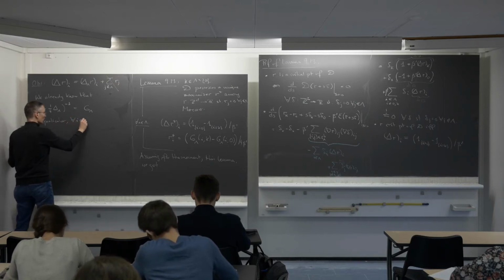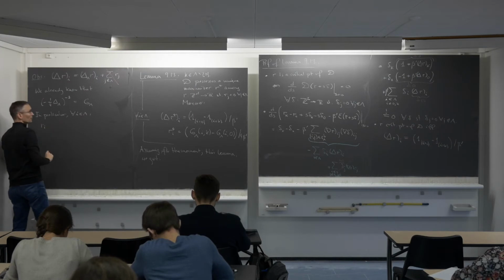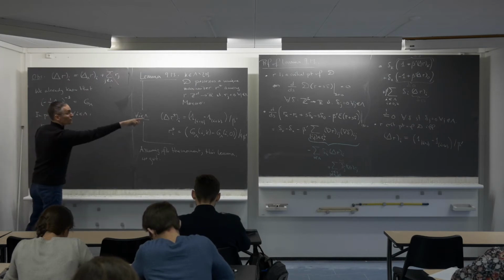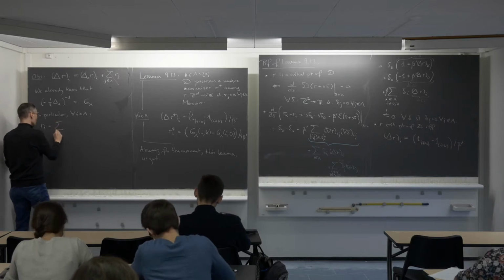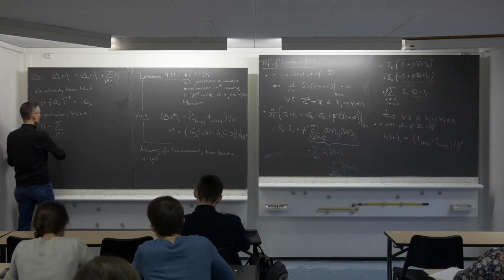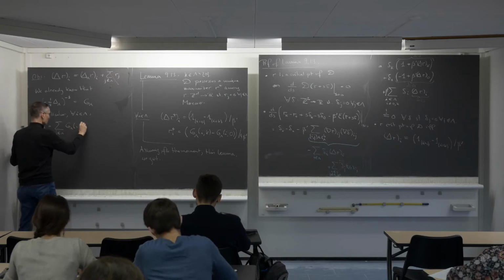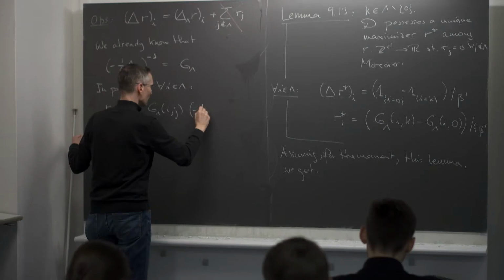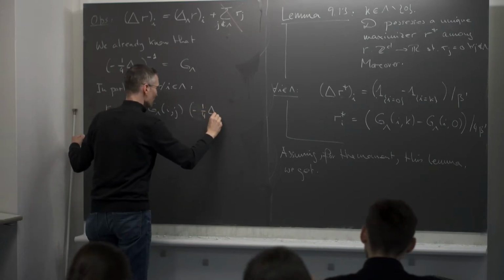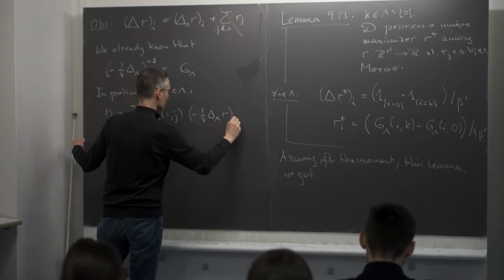So in particular, for any I inside the box lambda, I can write Ri. So solution to this equation which is there, I can write Ri as, say, sum over all j in lambda, G lambda ij. Okay, there is the minus 1/4 Laplacian lambda Rj.